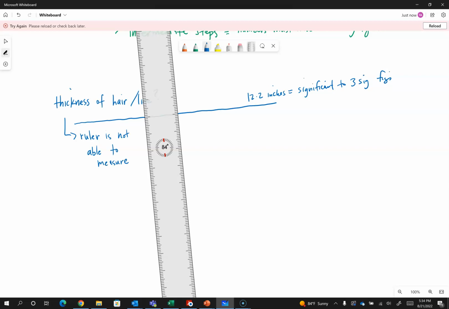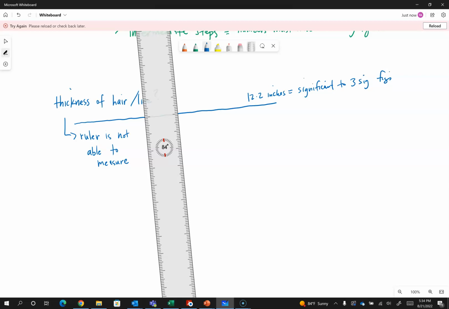I would need some sort of different tool that was able to measure much smaller thicknesses, much smaller distances. And so I can't claim that this line has a thickness of 0.22 millimeters because I can't see that gradient on the ruler.